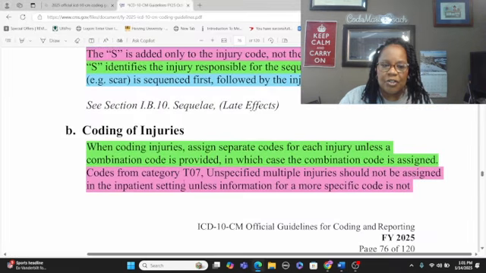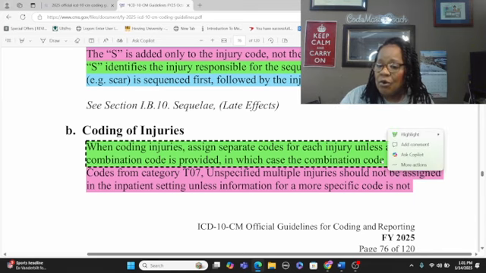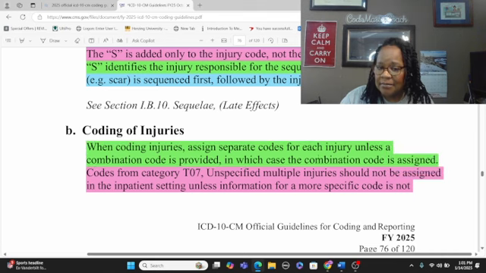B, coding of injuries. When coding injuries, assign separate codes for each injury unless a combination code is provided, in which case the combination code is assigned. So our goal here is to make sure we identify each injury.